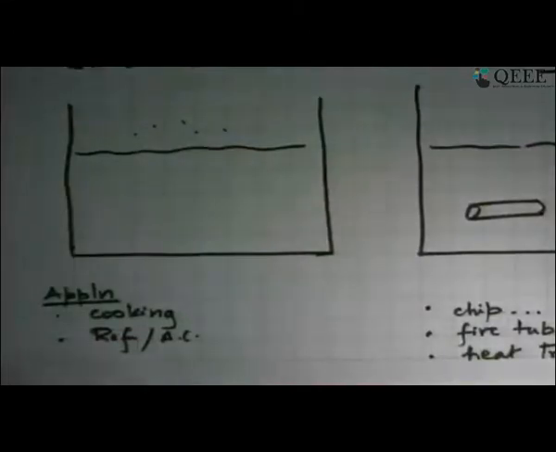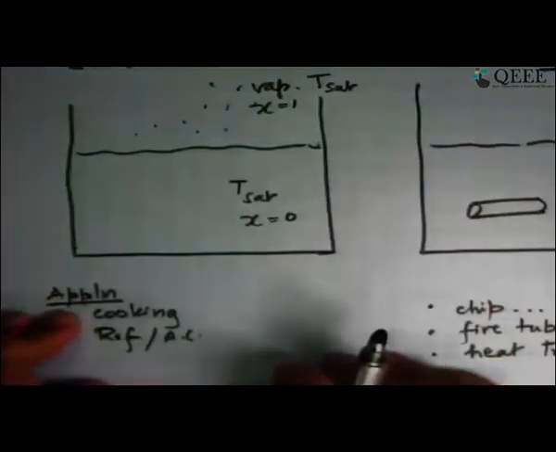We have two possibilities of pool boiling. A vessel in which we have the liquid at T saturation, and above this there is air or vapor, also at T sat. So you have x equal to 1 there, x equal to 0 over there.